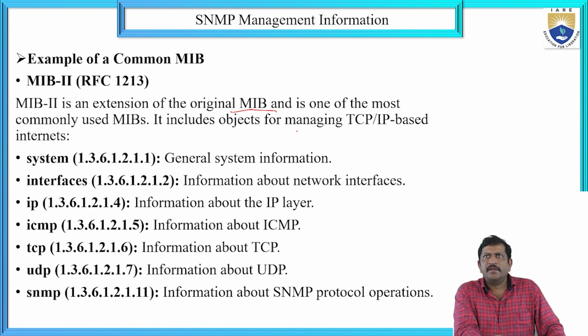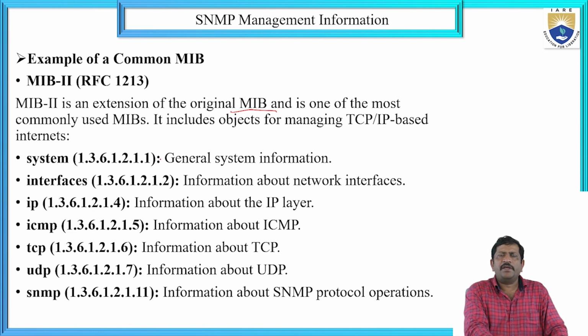It is one of the most commonly used MIB databases, which includes objects for managing TCP/IP based internets. For system, the sequencing number for this data management is 1.3.6.1.2.1.1, which means general information. Generally, we can store the information in this sequence only.